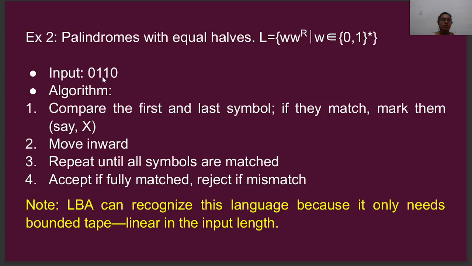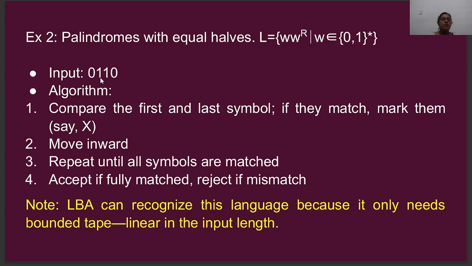Again, match them. They will also be X. When there are no more symbols, all the symbols are X, then we accept if it is fully matched and reject if it is mismatched. So in this case, all matched values are marked as X.